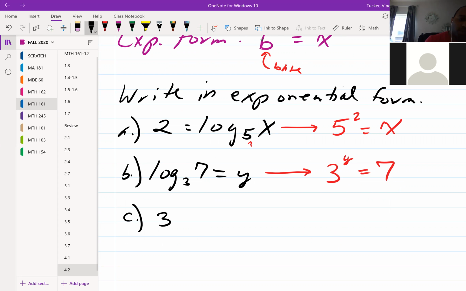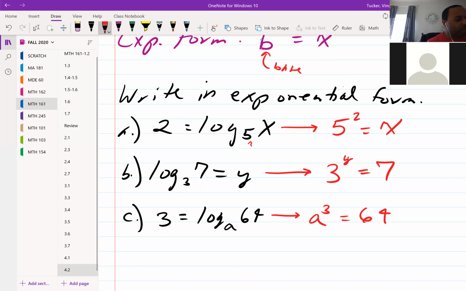One more. Next one, 3 is equal to log base a of 64. A is the base, 3 will be the exponent, and then 64 will be on by itself.